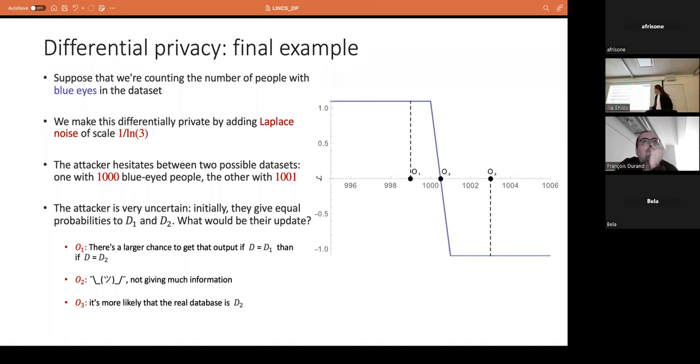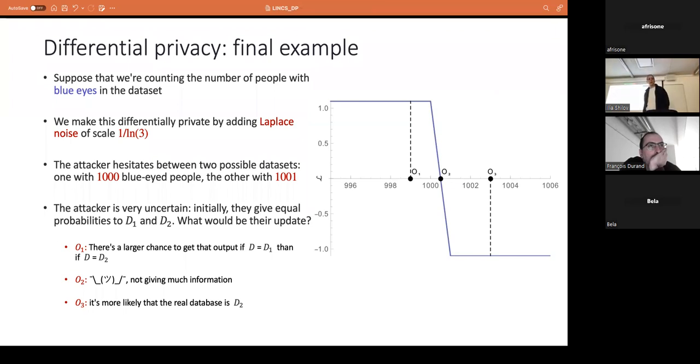So here, on the left, the update of the probability of the attacker will be at max this. Here we will trick the attacker, but at max like this. And here we have this nice straight horizontal line. So this is the plot of the privacy loss random variable, and we have nice bounds on it.